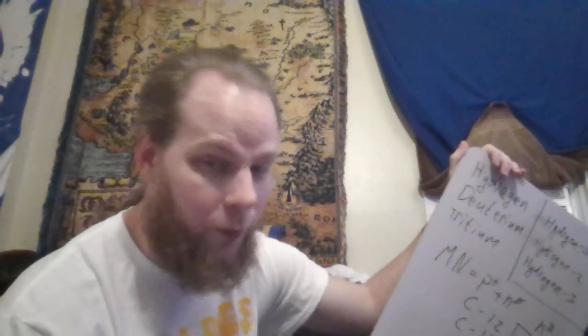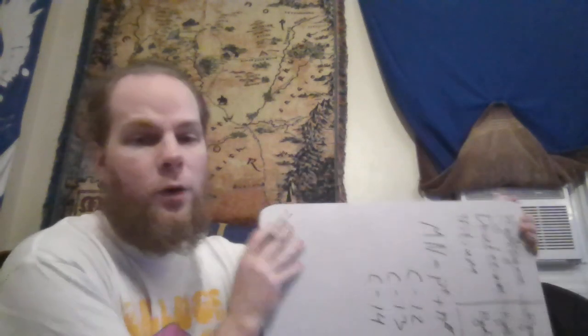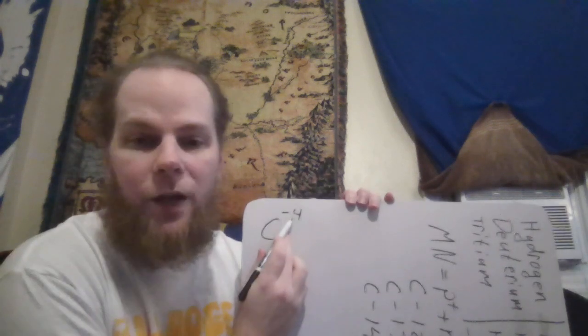Which means it shouldn't come as a huge surprise that the ion, or ionic charge, as we call it, is tied to the number of electrons. So, for example, if we had carbide, or carbon with a -4 here, this is the charge.